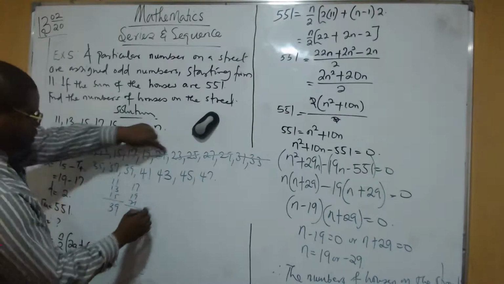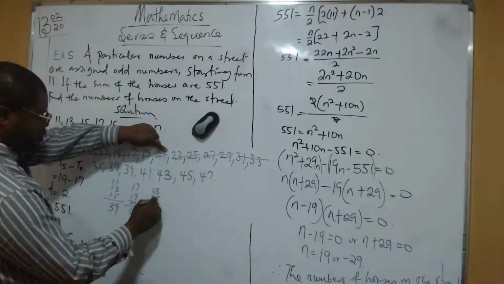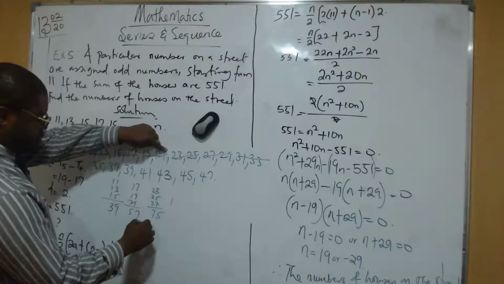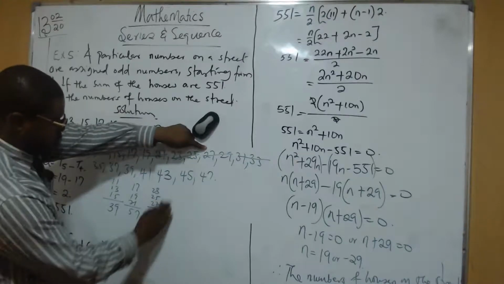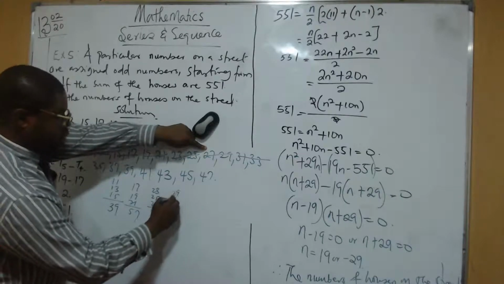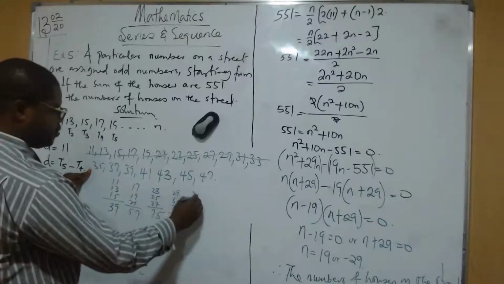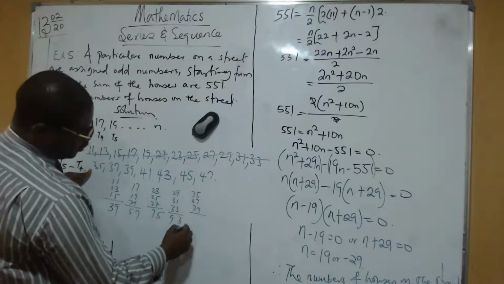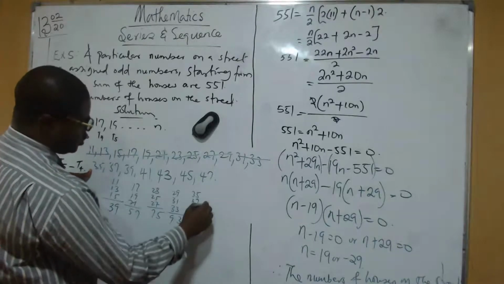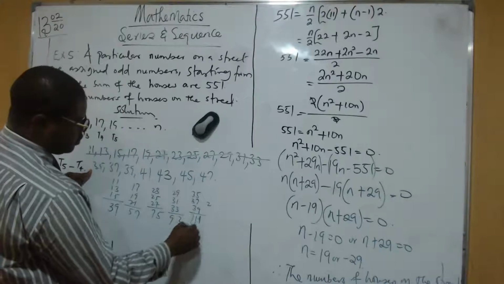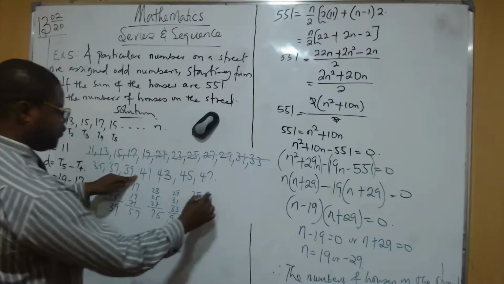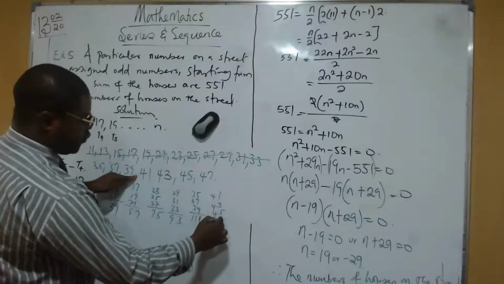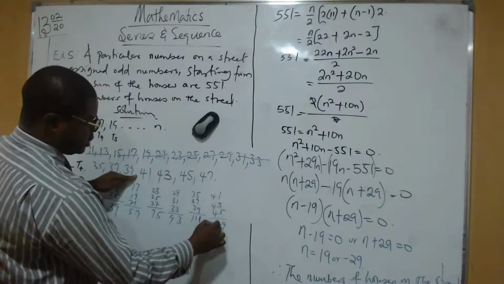Okay. 21. We have 23, 25, 27. This is 15, 1. This is 75. Okay. We have 29. So we have 35, 37, 39. We have 12, 21, 9, 11. So we have 41, 43, 45. We have 4. We have 9. We have this.